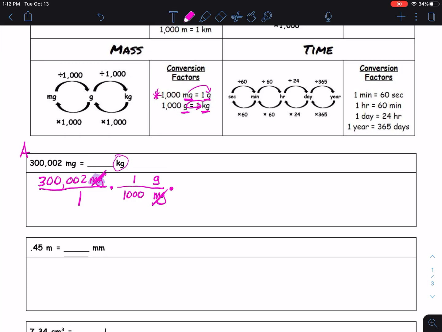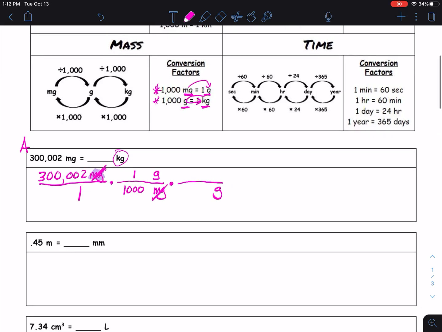I apologize, my screen's bouncing all over the place. So we're going to multiply by another conversion factor. Now we have grams in the numerator, we need grams in the denominator. And if we look at the other part of the conversion factor, we can see grams goes to kilograms, and 1,000 grams equals 1 kilogram. The grams now cancel. We are now left with kilograms. We're good. We don't need any more conversion factors.